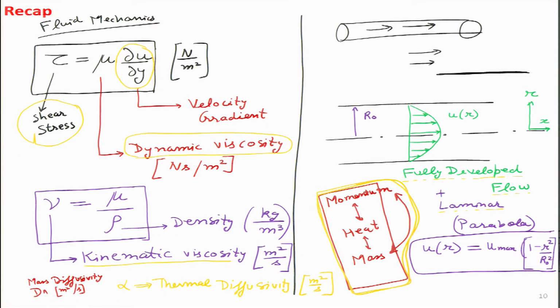Then with the help of some examples, I tried to show this very powerful relationship between momentum, heat and mass. All these three quantities in nature behave the same, because the dispersion terms are added together. So the dispersion of momentum, dispersion of heat, as well as dispersion of mass.